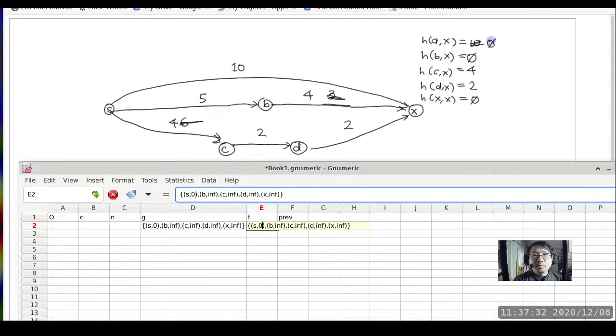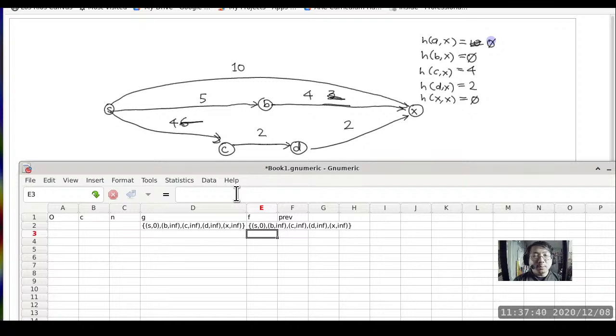So that's the only reason why the G value and the F value of the starting point are both zeros. In a realistic example, h of ax is not going to be 0. It's going to be some non-negative value, more likely a positive value that is less than or equal to the actual length of the shortest path. So that's what column E is tracking.